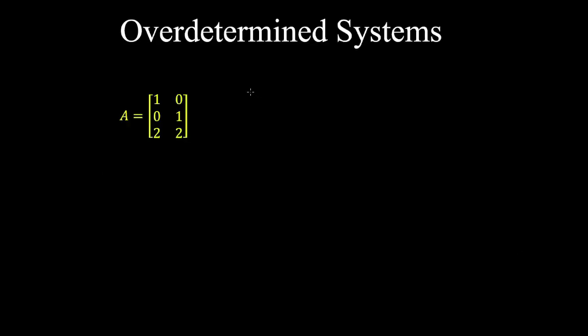A system of linear equations being AX equals B is overdetermined if we have more equations than unknowns to solve for.